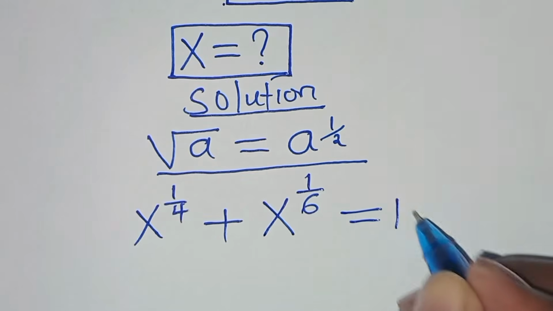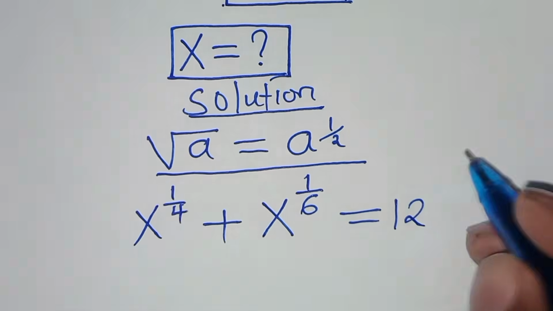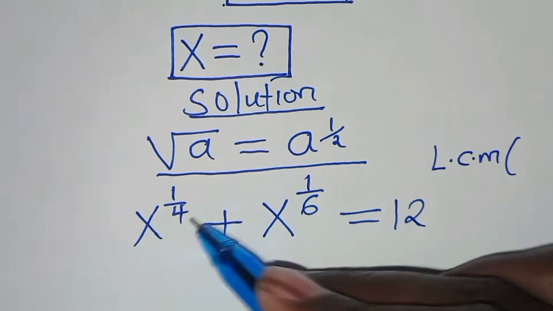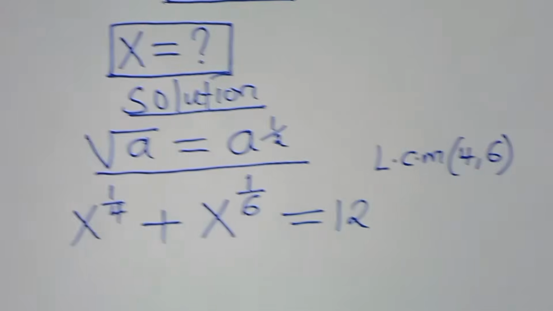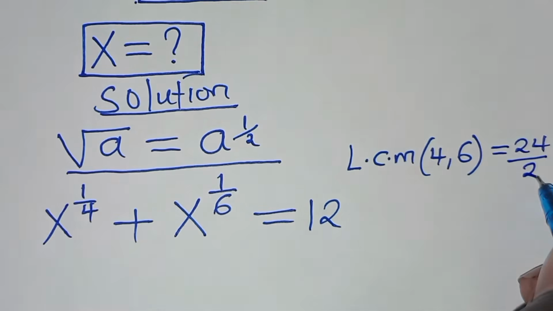This is equal to 12. Now, the next step is that we can determine the LCM for 4 and 6. The LCM for 4 and 6 is equal to 24, which we can divide by 2 here, and this is equal to 12.